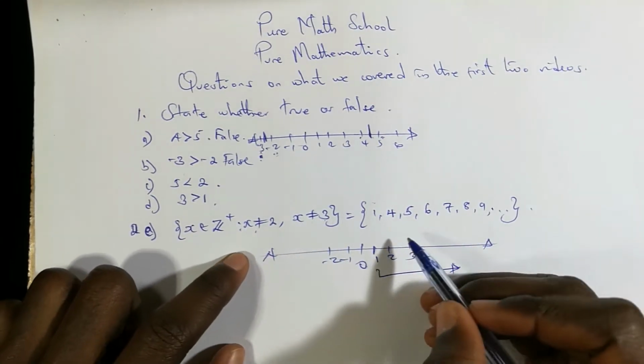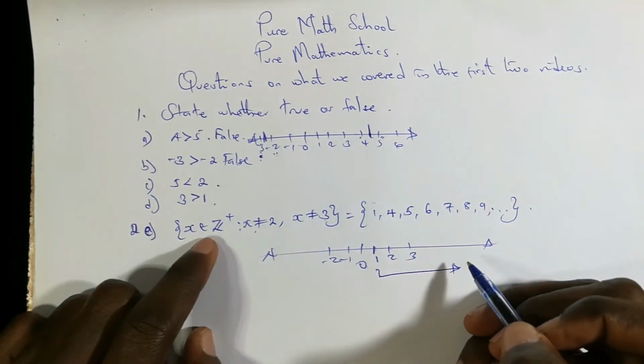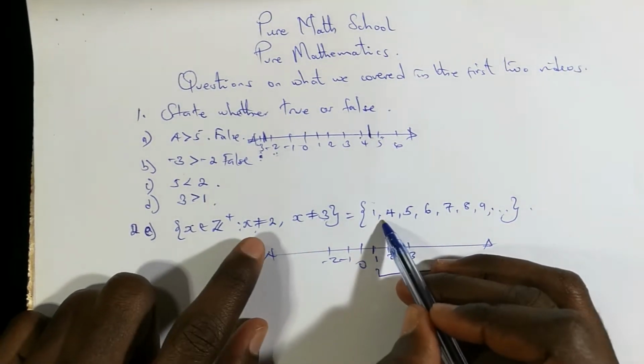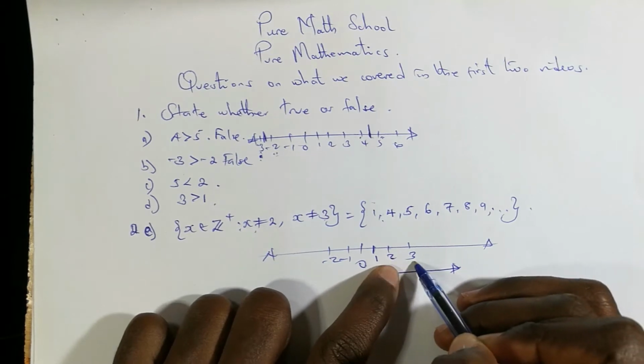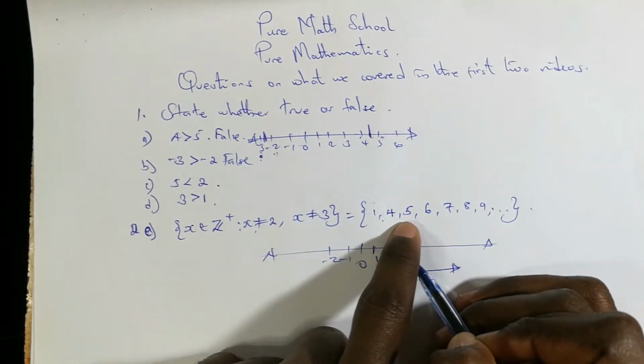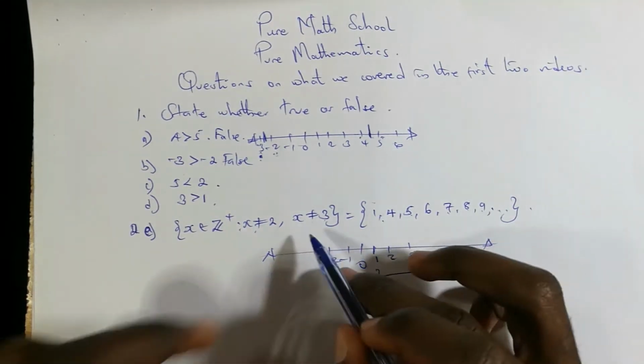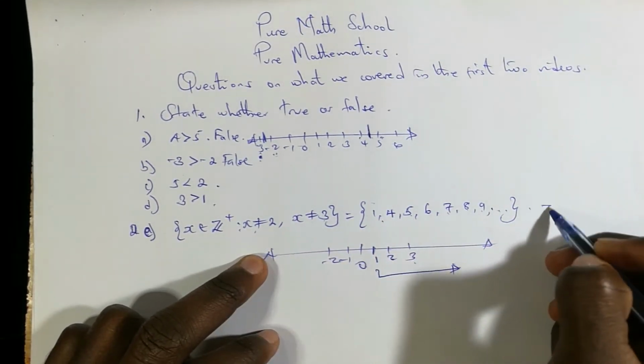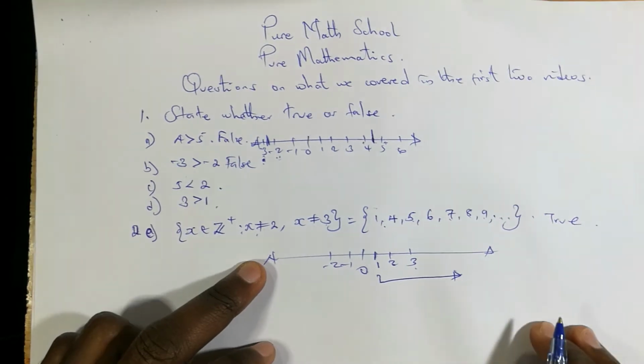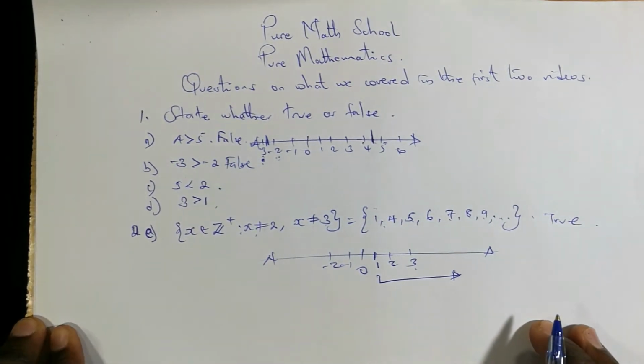So we see if this satisfies that. We have 1, that's okay. 2 has been skipped, 3 has been skipped also. We have 4, 5, 6, 7, 8, and it goes on. Since they have skipped 2 and 3, this case is true.